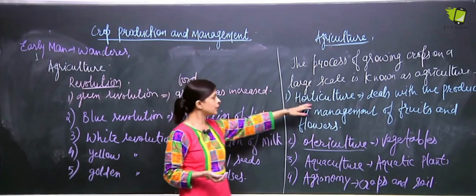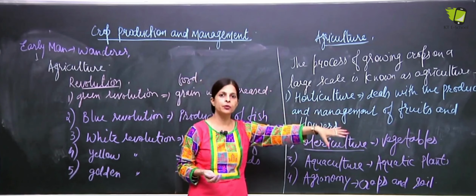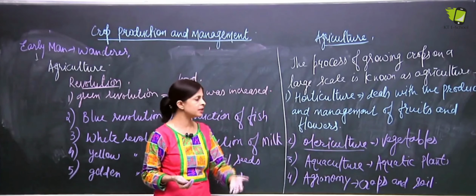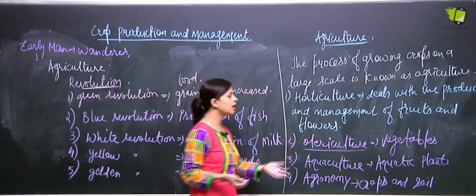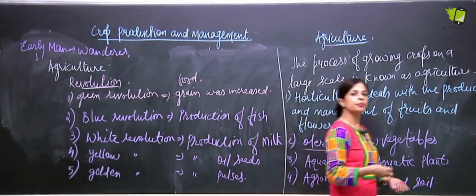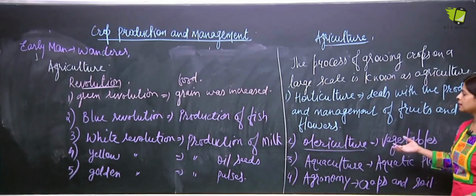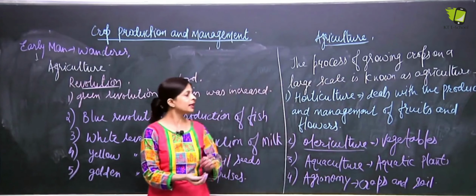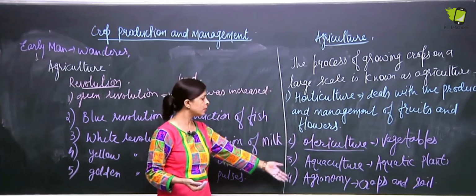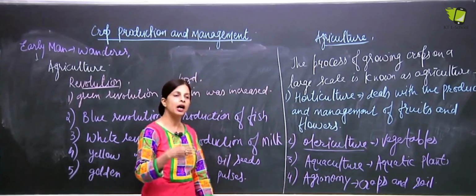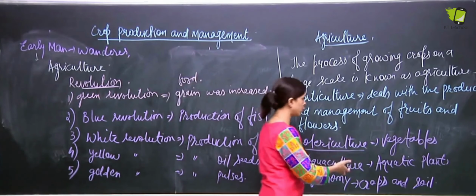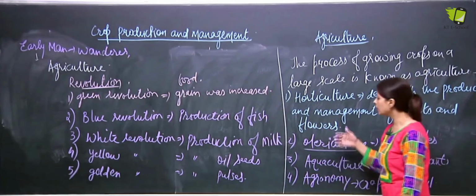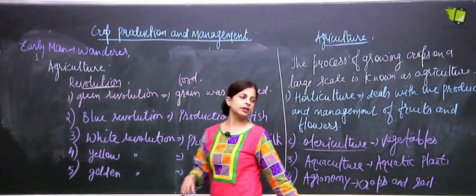So horticulture, it deals with the production of fruits and flowers. Olericulture, it deals with the production and management of vegetables. Aquaculture means it deals, one way or the other, with the development, the more production of the aquatic plants and other animals also. Now agronomy, it deals with the management of crops and how the quality of the soil can be improved. All these things are dealt with in agronomy.